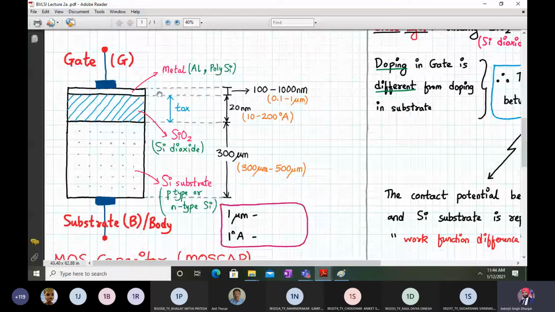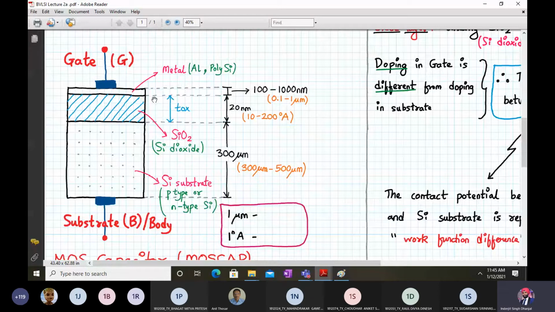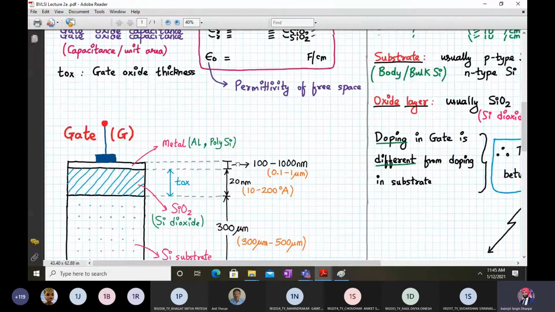The width of the metal layer is 10 to 1000 nanometers. If I convert into micrometers, it is usually in the range of 0.1 to 1 micrometer. Your TOX, which I was talking about right here, is called the gate oxide thickness.